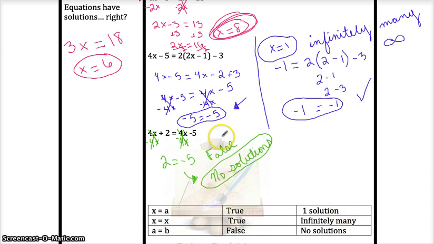When x equals x, like in this one, negative 5 equals negative 5, when x equals itself, the expression is true, and there are infinitely many solutions, or the infinity symbol. And when a equals b, or a number equals a different number, that means the expression is false, and there are no solutions.